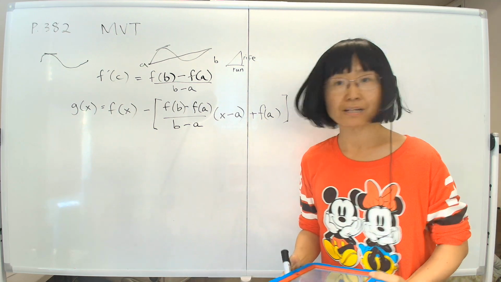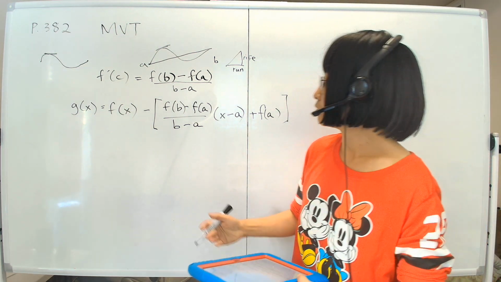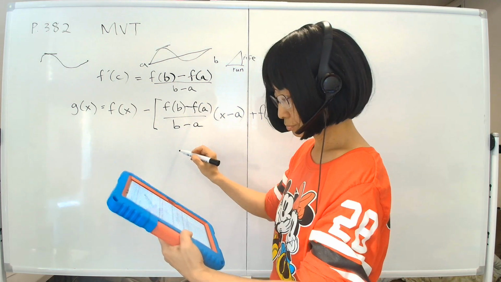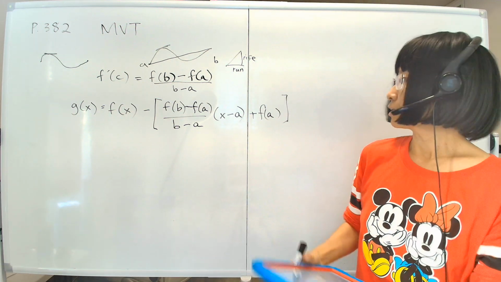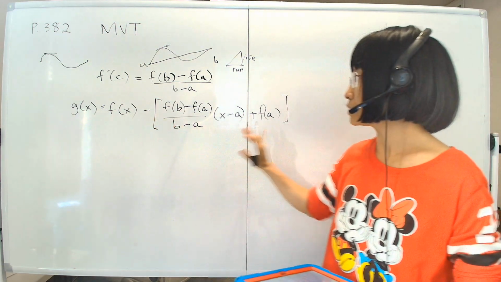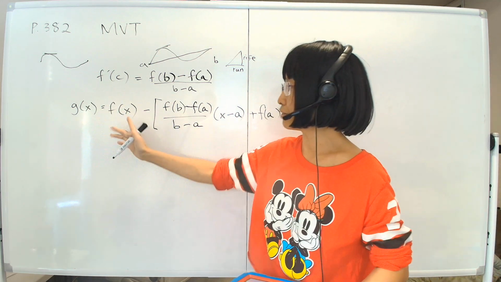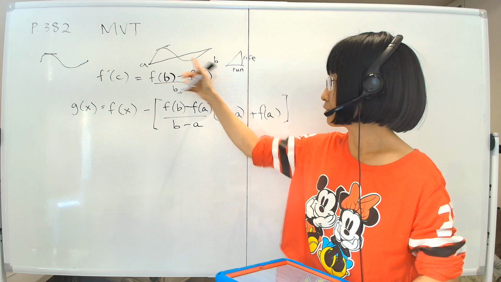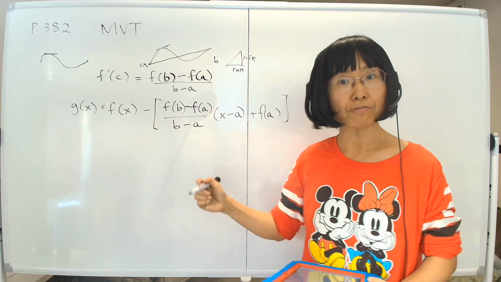All right, so we have a pile of stuff, a long-looking function. It might be long, but it's not a particularly tough function. The function g of x is defined by f of x itself, and then this number right here, which is a fixed number, because we know what the function f is.